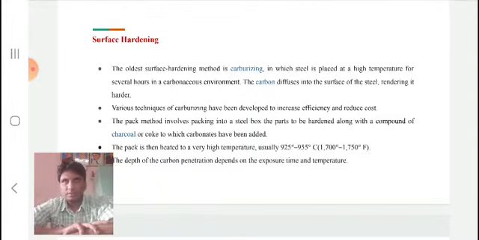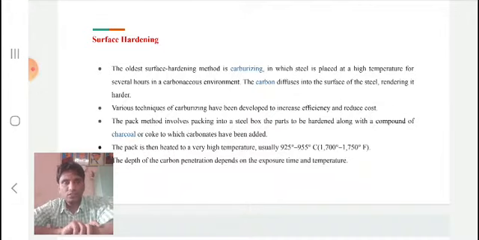So this method is called the pack method.